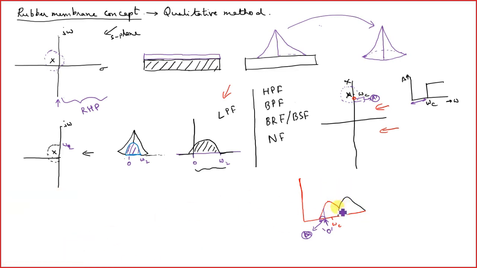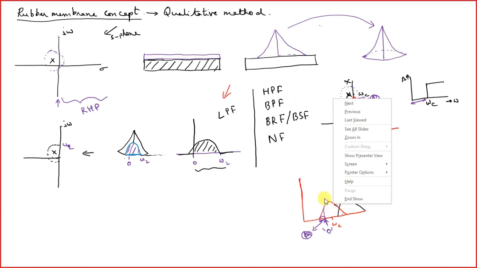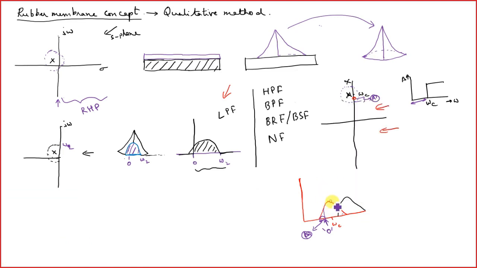The composite one will come down from here, it will increase, and it will get to the maximum point. Suppose here it is omega c 1, so at omega c 1 you will be having something.